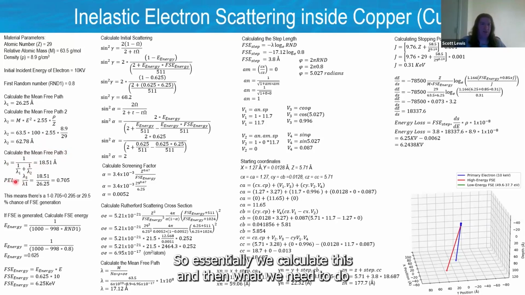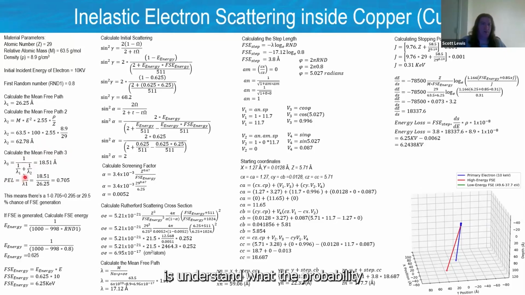And then what we need to do is understand the probability of generating a secondary electron. So we take the quotient from this. If this is higher than this, then we're about 30% in this case, because we need to subtract it from 1.